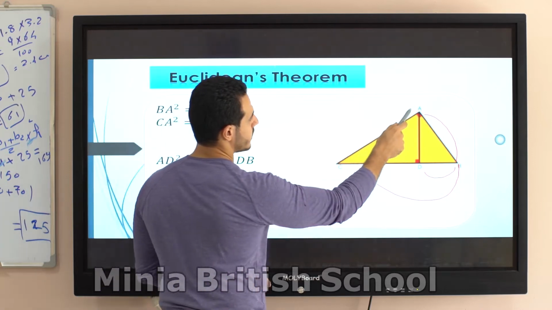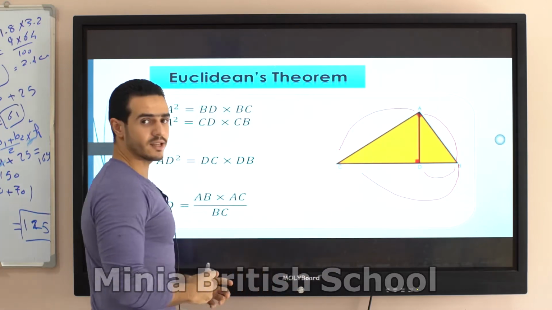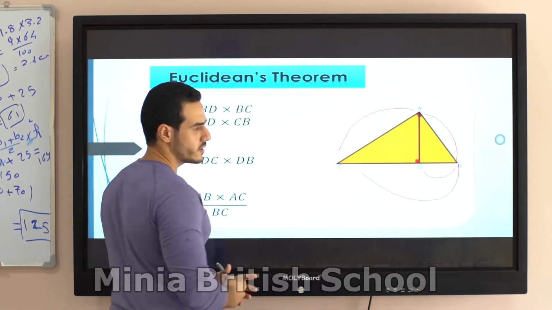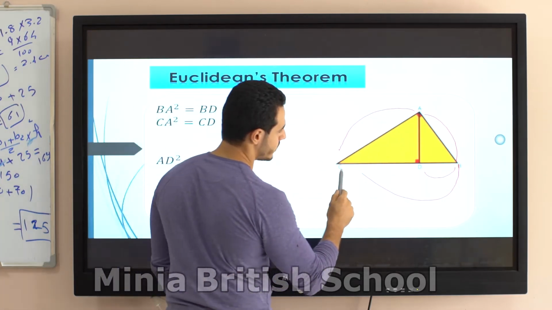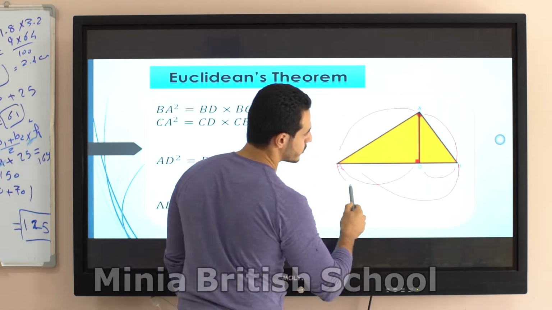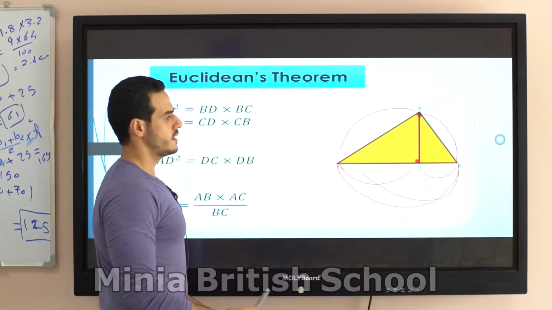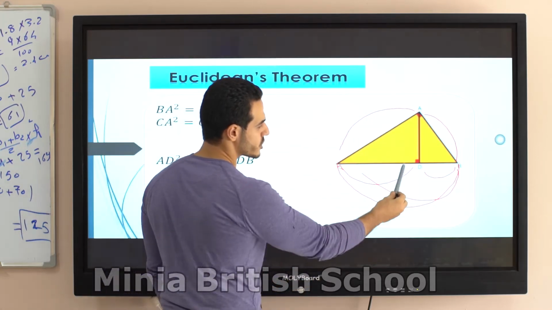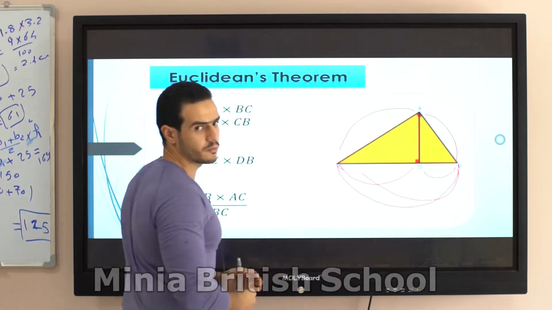Now let's find AC. AC square equals its projection CD times the hypotenuse CB. Again, AC square equals its projection times the hypotenuse.